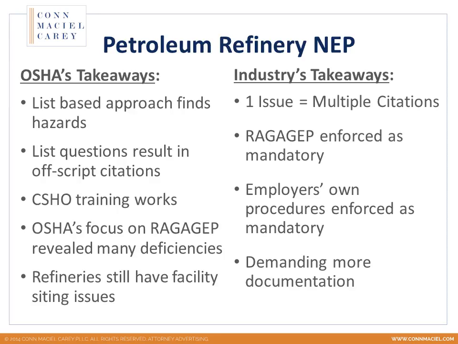And despite those very high-profile incidents and some major enforcement actions in the multi-million-dollar range, OSHA was still finding issues with facility siting during these refinery NEPs and wanted to make a big deal out of that.